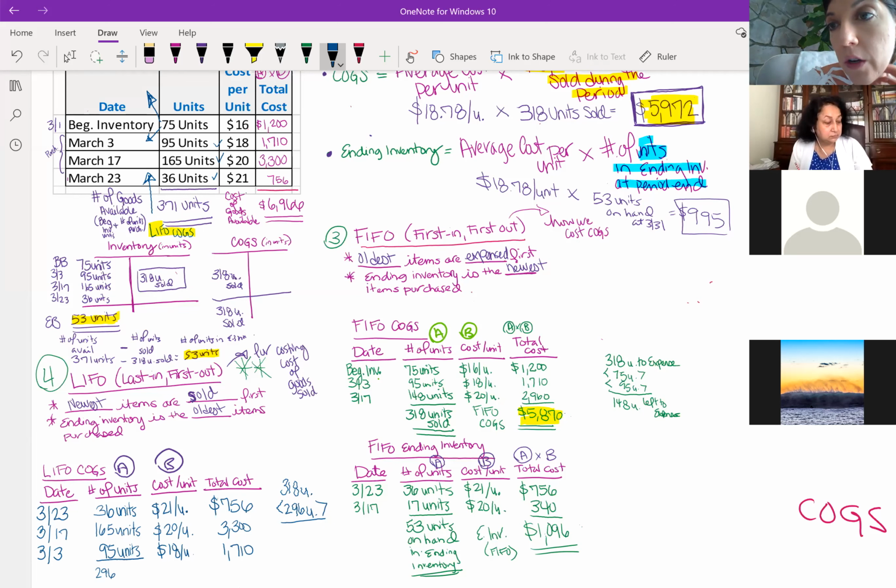So how many additional units do we need? 22. So 22 units are going to be expensed. And what are we left over with? 53 units.